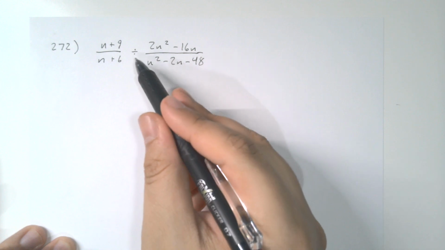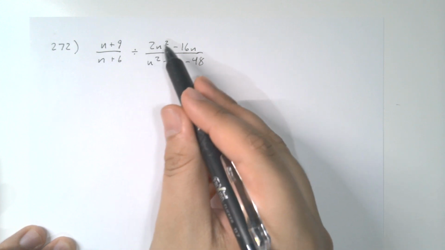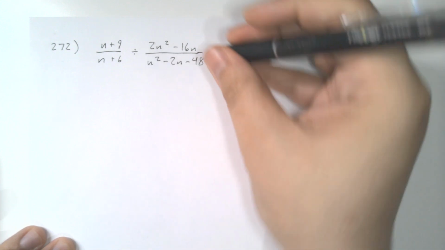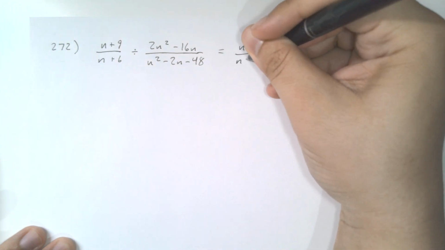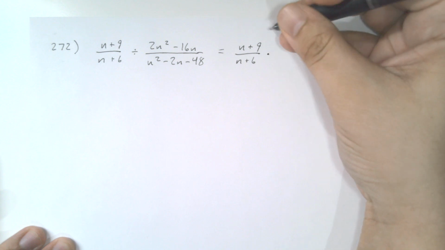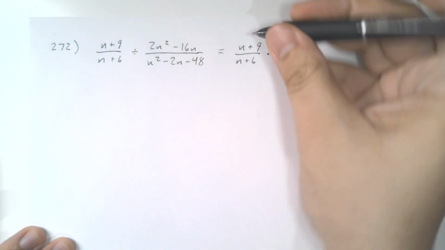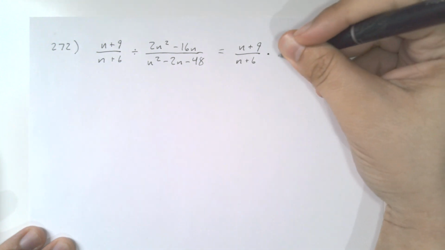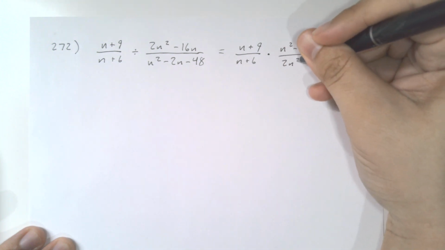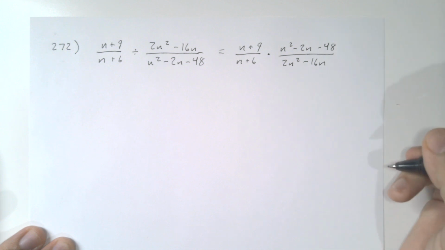So remember, to make this multiplication, we have to flip this fraction here. So this is equal to n plus 9 divided by n plus 6 times, flipping this fraction, n squared minus 2n minus 48 divided by 2n squared minus 16n.